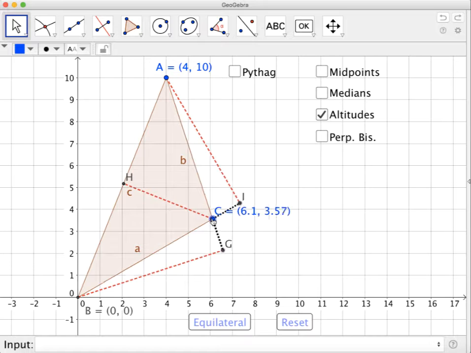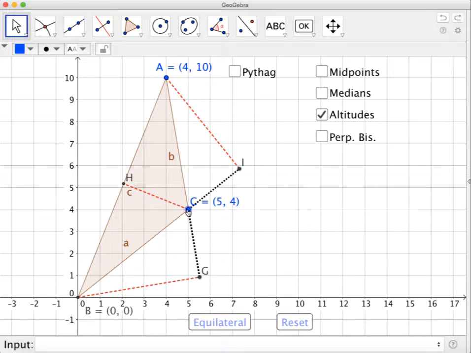Now, when we move point C such that our triangle is no longer a right triangle, and in fact it's now an obtuse triangle, where our largest angle, the angle at point C here, has a measure greater than 90 degrees, our altitudes are no longer inside the triangle for two of the three sides.